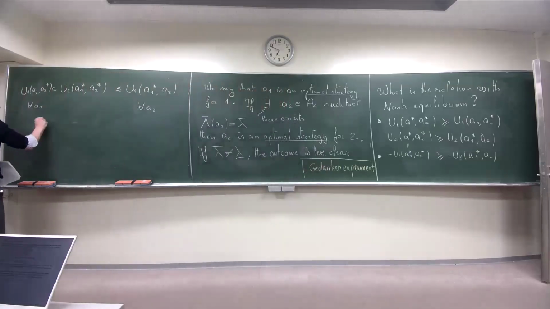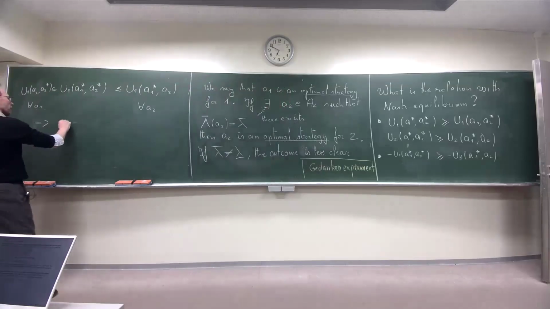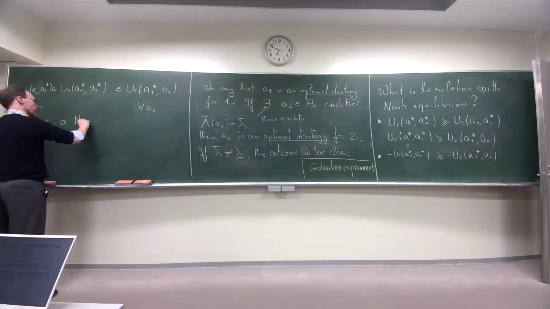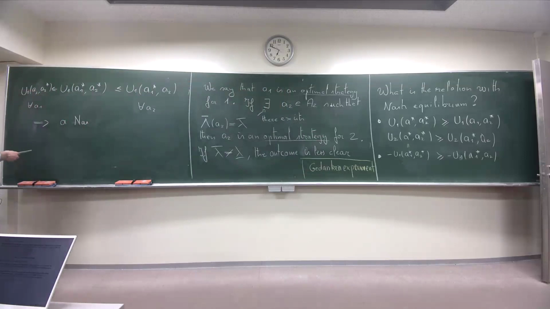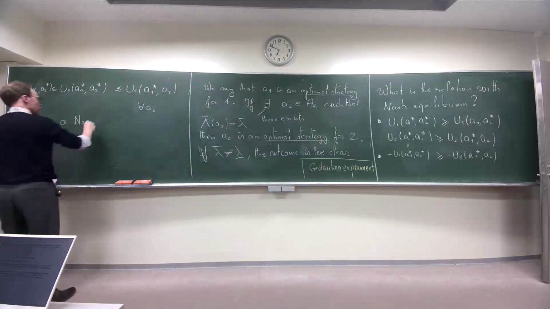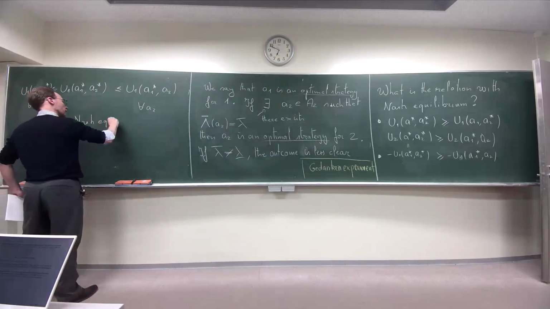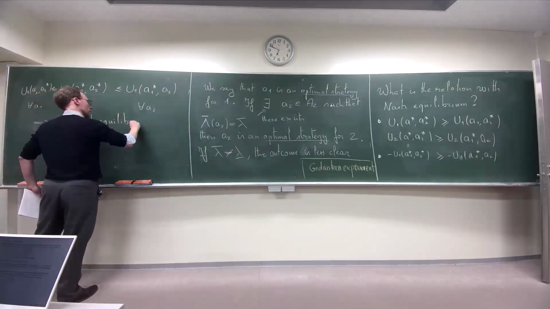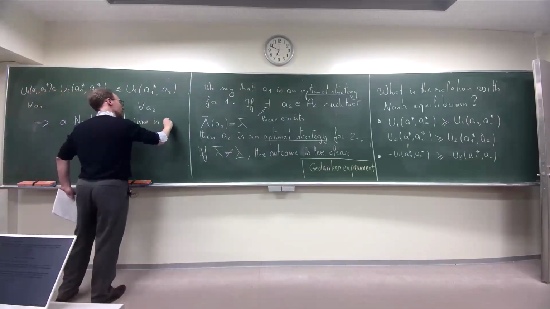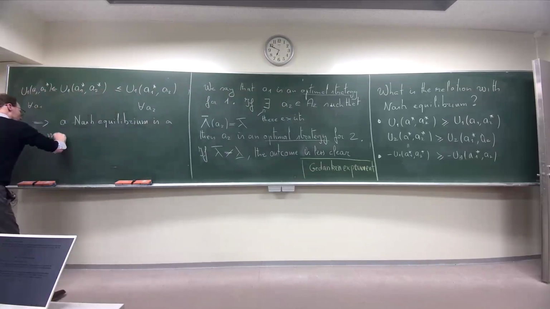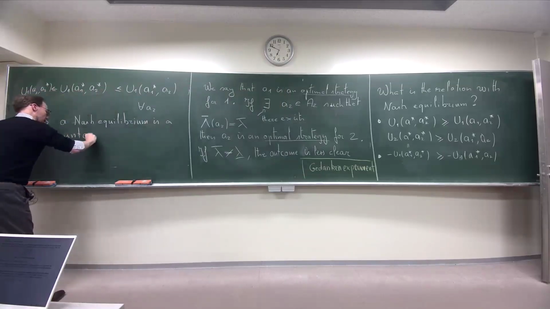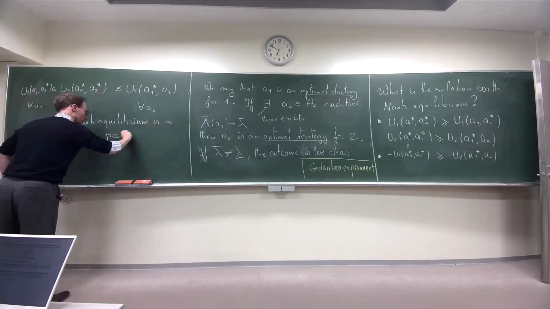So it implies that a Nash equilibrium is a mountain pass point.